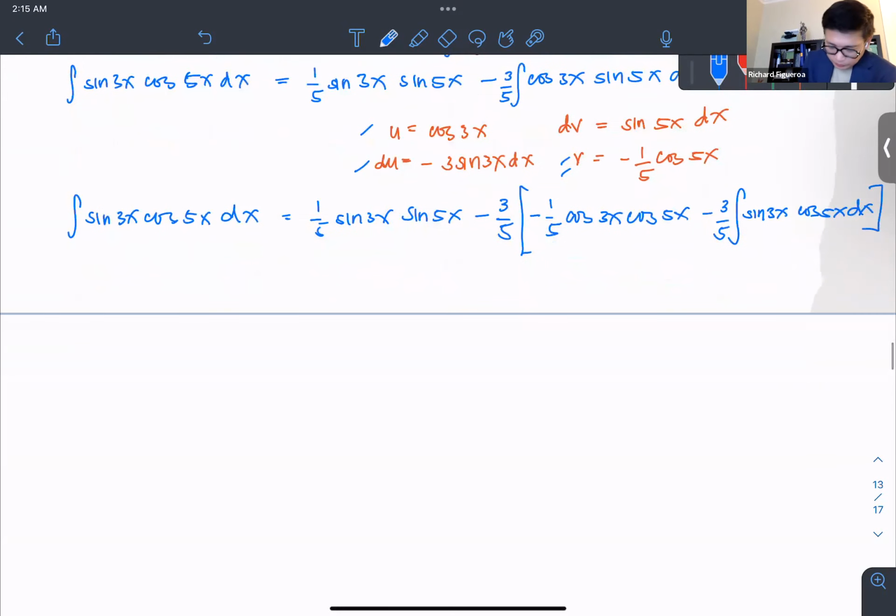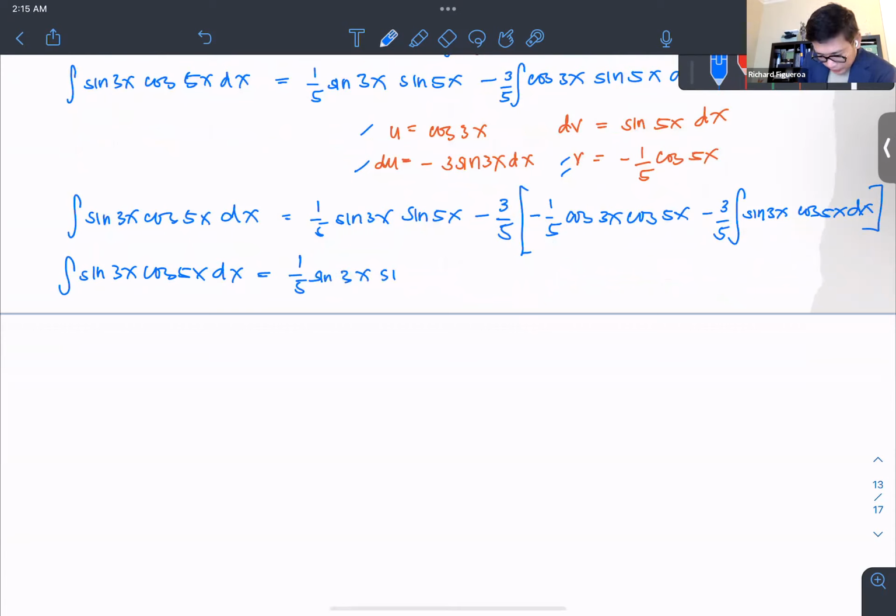And let's see. So the integral of sine 3x cosine 5x dx is then equivalent to 1/5 sine 3x sine 5x, the negative and negative, so positive 3/25 cosine 3x cosine 5x.